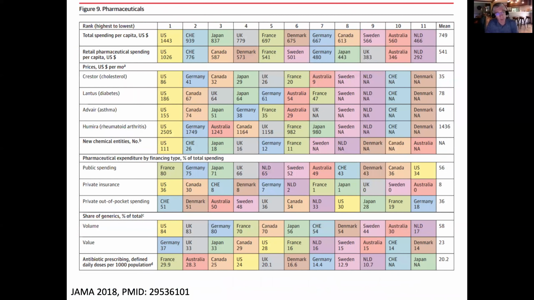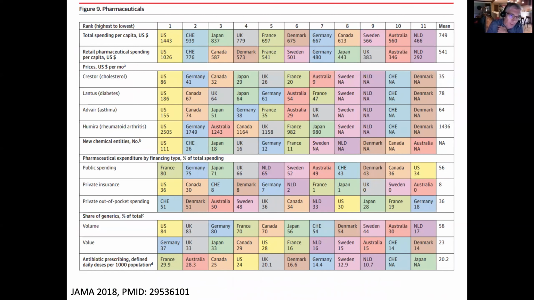So again, I'm showing you the same data that I showed you a little while ago as it relates to utilization, except now we're talking about drugs specifically. The last figure I showed you showed the United States in the middle to top third of each one of these things, but if you look at drugs, we are number one in almost everything, right?